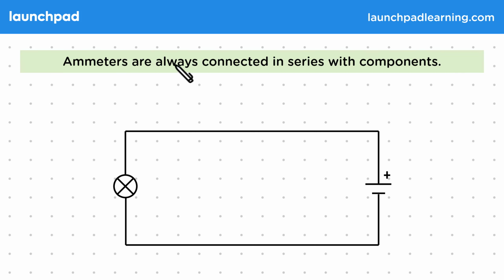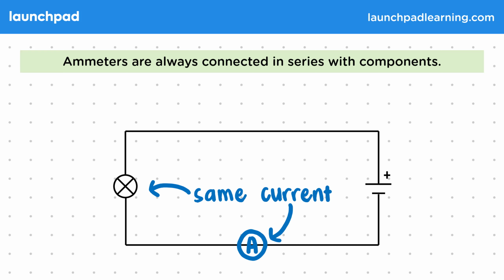First, ammeters are always connected in series with components. So we would want to connect the ammeter here, in series with the lamp. This is so that they have the same current. The ammeter would also have a very low resistance, so it doesn't affect the total resistance of the circuit.